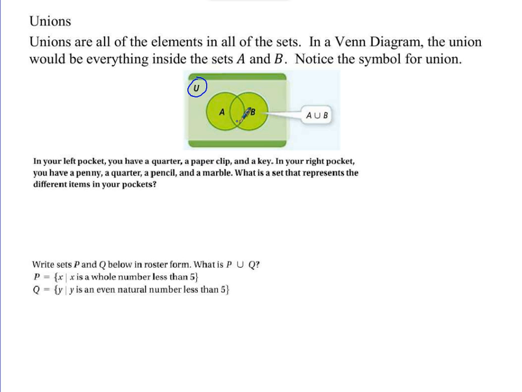Maybe set A would be all the students who have me as a teacher. Maybe set B would be all of the students who have Mr. Hanlon as a teacher. Okay? Now the union is everybody in those two sets.